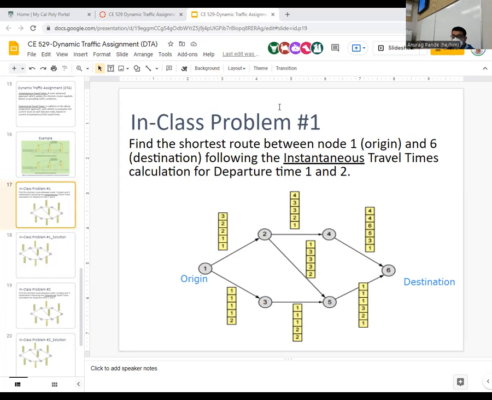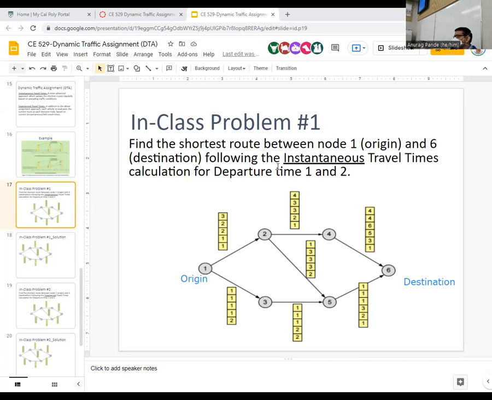So you have to basically solve that little problem that we were working on in the class 3 times over. So essentially, for 3 routes, you have to give me instantaneous travel time and experience travel time. So that's your 6 answers. And then you have to do these calculations for departure time 1 and 2.